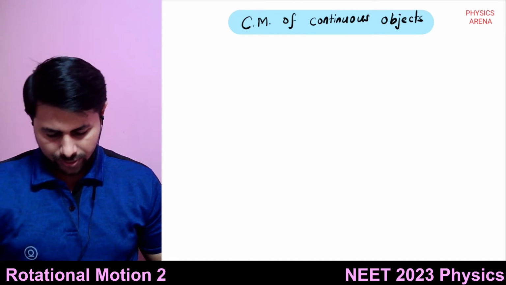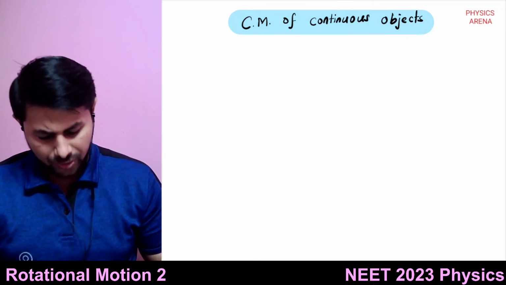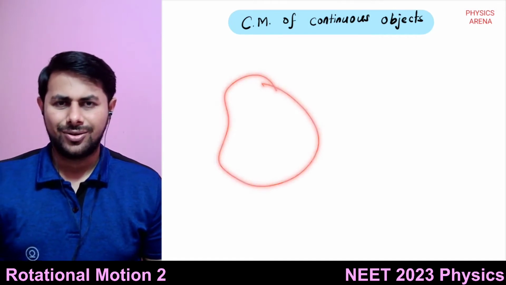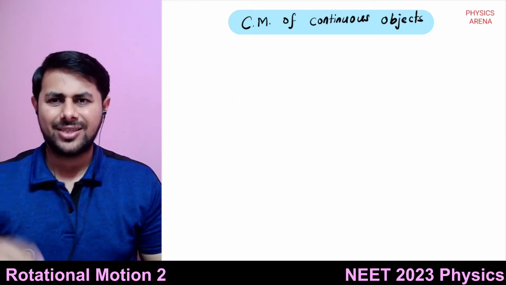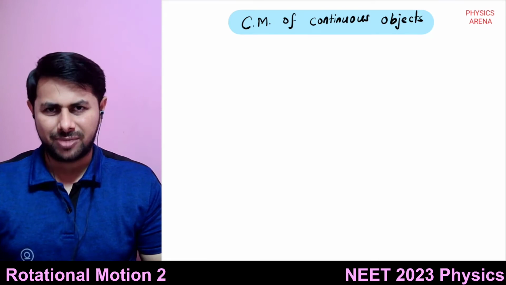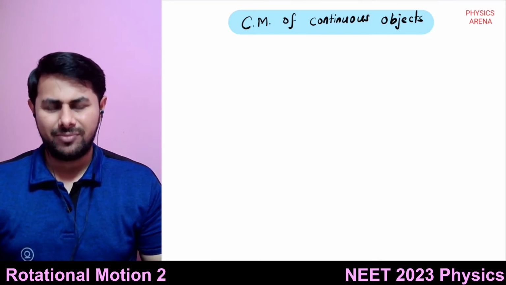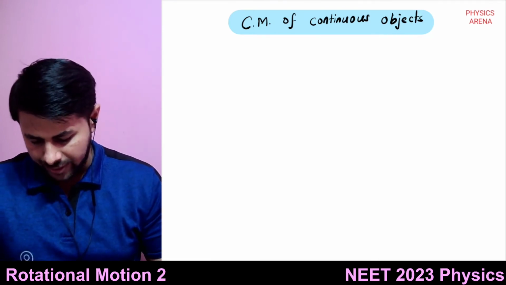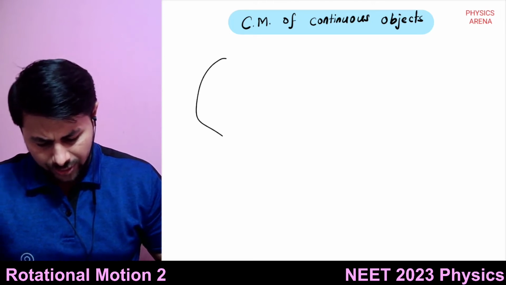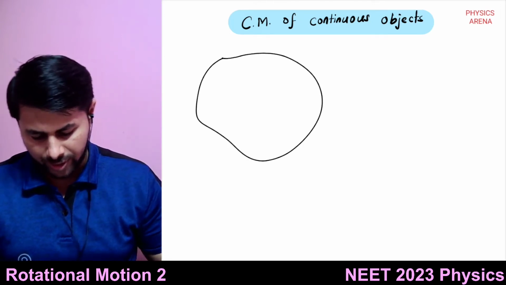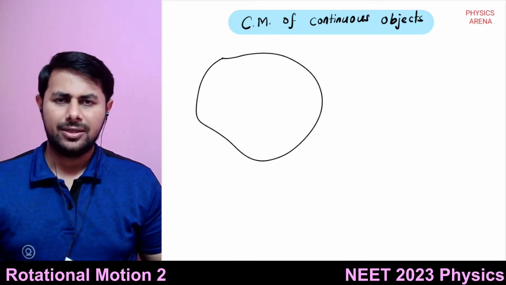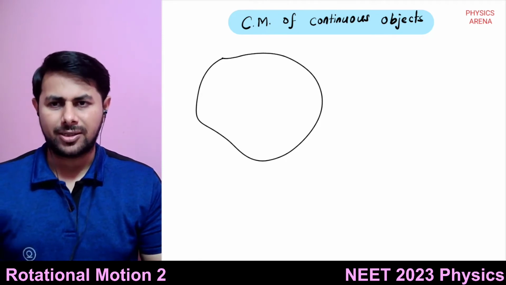Okay, so I drew a body like this, and I said it is made up of n number of particles. But when I say that, it is always some approximation, right? Actually when we have a continuous body, we cannot say that it's made up of n number of particles.